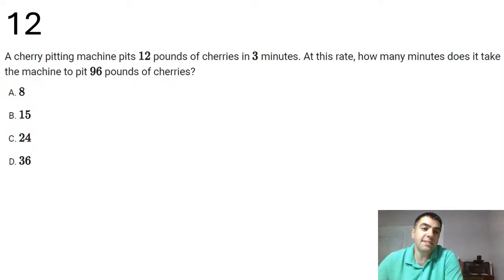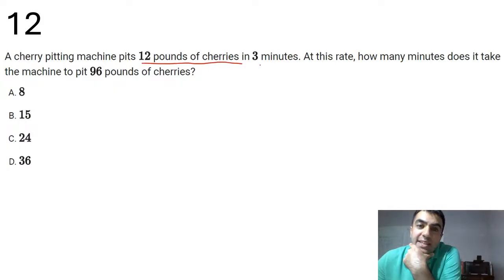Mr. Tunjay says it is C. A cherry picking machine picks 12 pounds of cherries in 3 minutes. At this rate, how many minutes does it take the machine to pick 96 pounds of cherries?